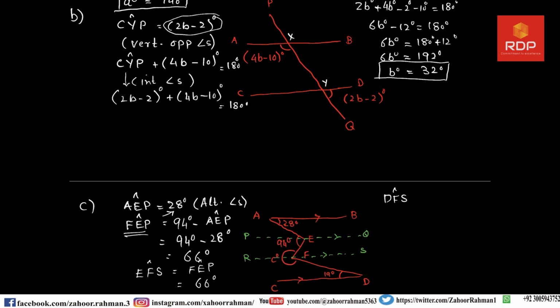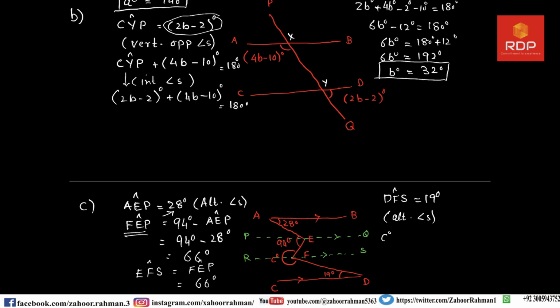DFS, and that is equal to 19 degree by alternate angles theorem. Alternate angles. So ladies and gentlemen, that is equal to 19.